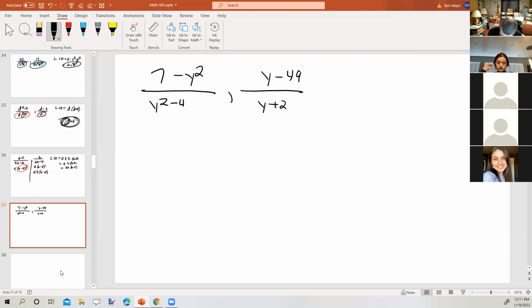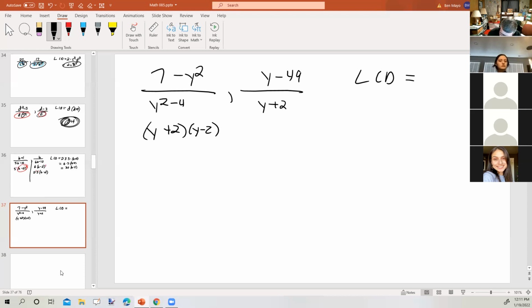So I'm going to factor the first denominator into that. The factors of the first denominator are the quantity y plus 2 to the first power and the quantity y minus 2 to the first power. The factor of the other denominator is y plus 2 to the first power.